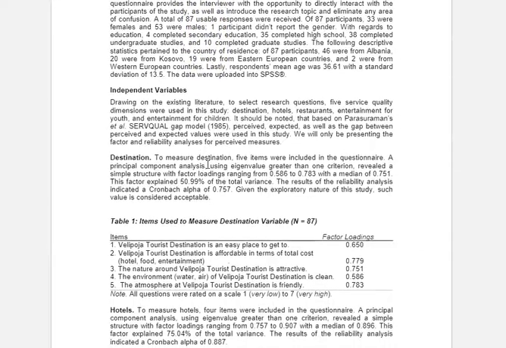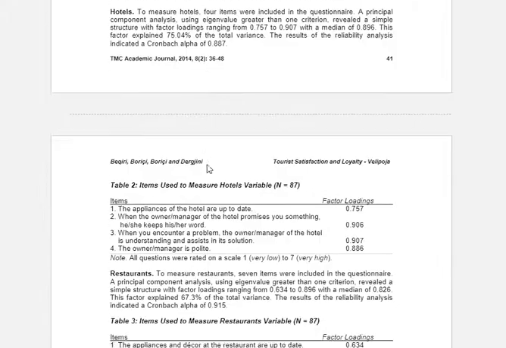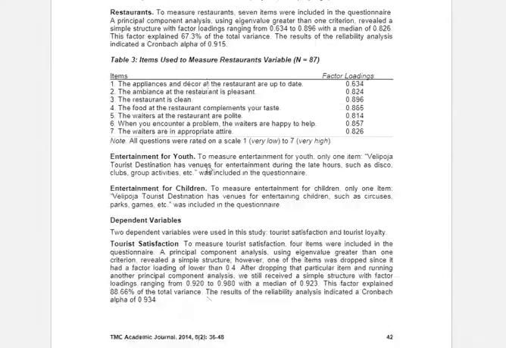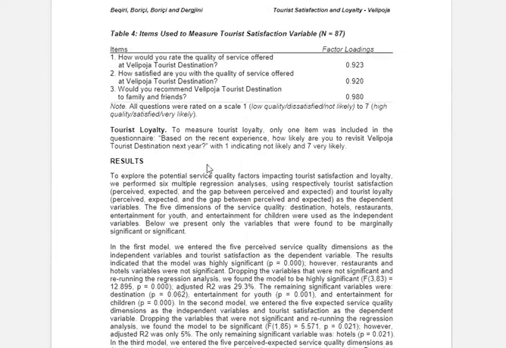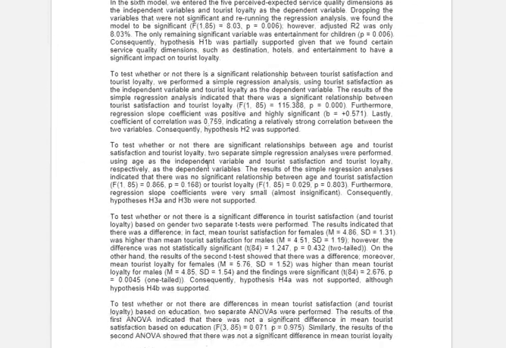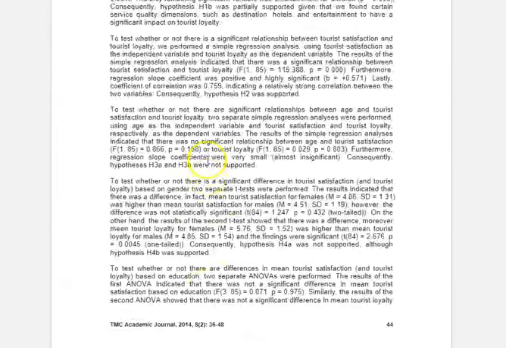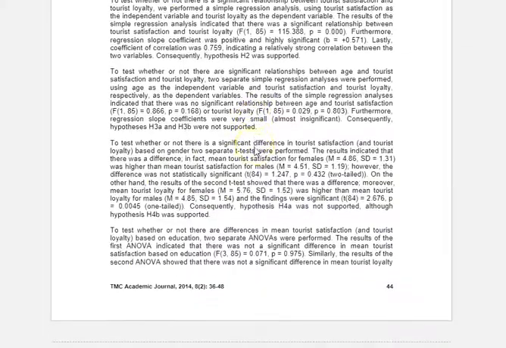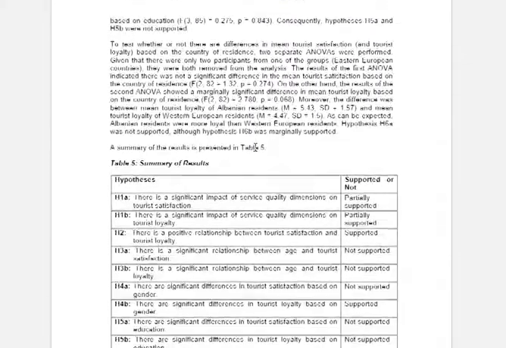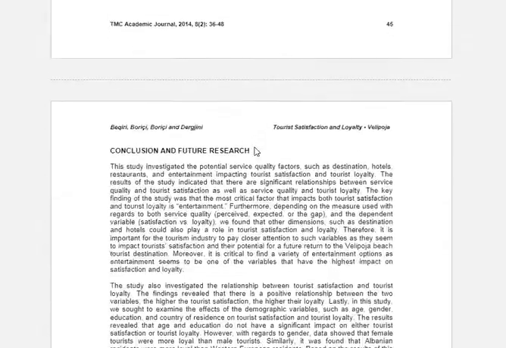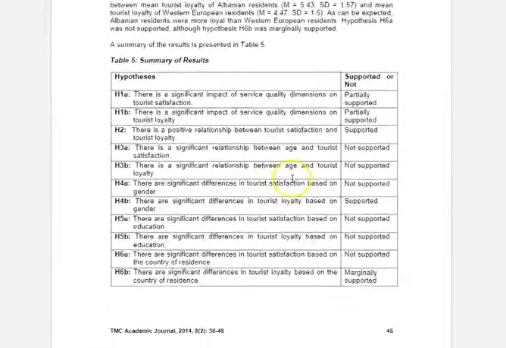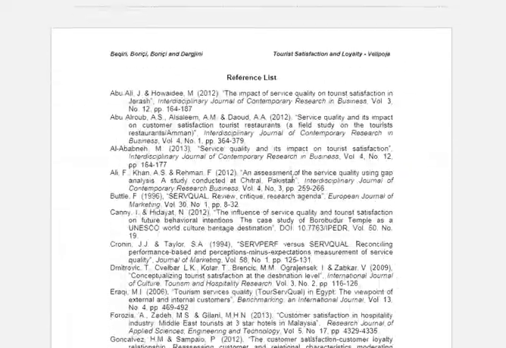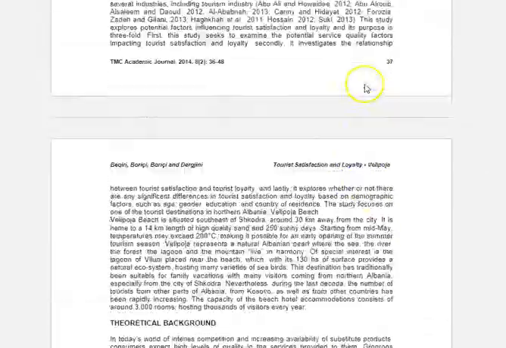What methods they used, independent variables, dependent variables, and explaining results and the tests they used, ANOVA, correlation, regression, and results of the hypotheses. So it's good work too. It's good to read this type of report.